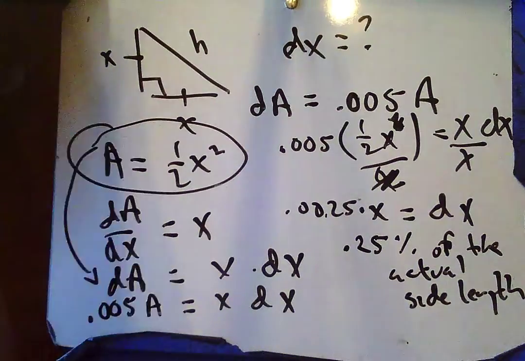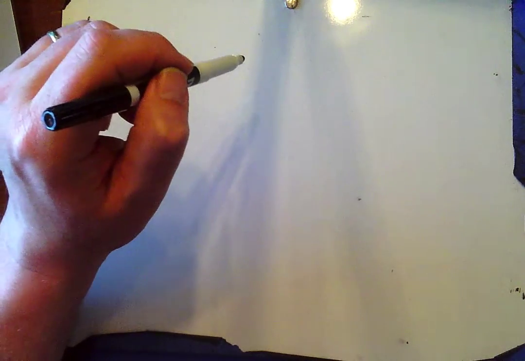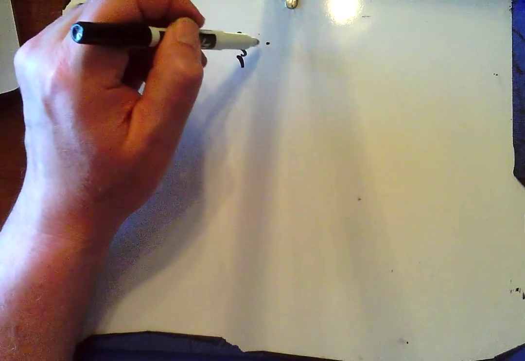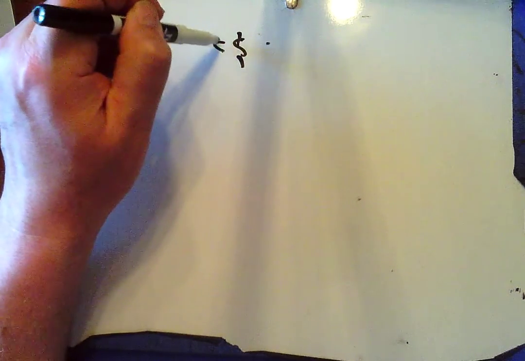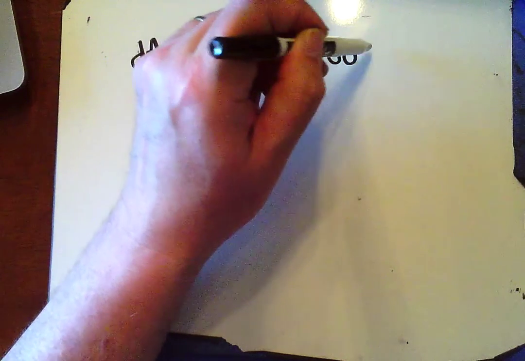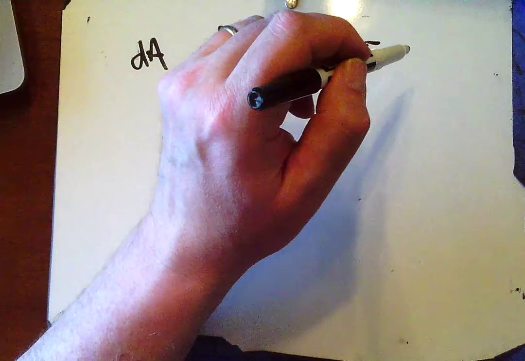All right, and 6. How much error in the square can there be? Oh, how much error can there be in the area of a square if the side of the square is measured, the error in square is measured within 0.5% of the actual value.